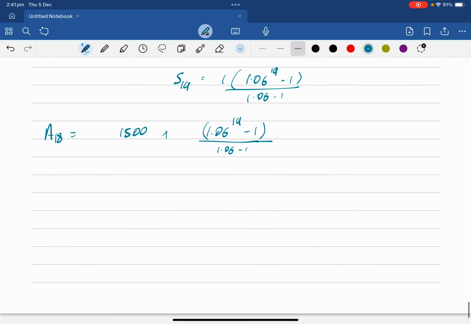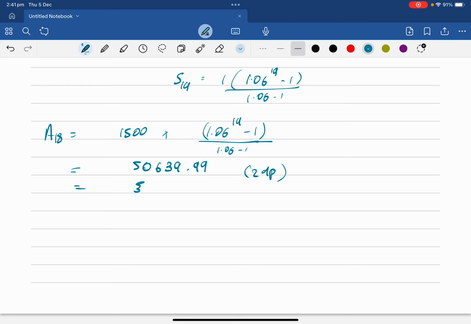When we punch that into a calculator, we get 50,639.99 to 2 dp, which is equal to $50,640 to the nearest whole number.